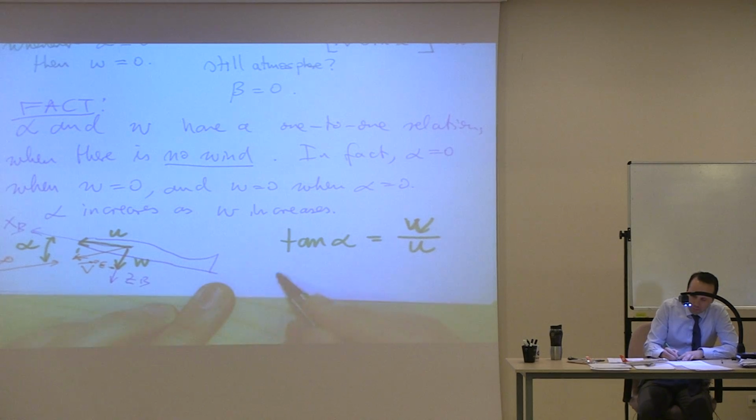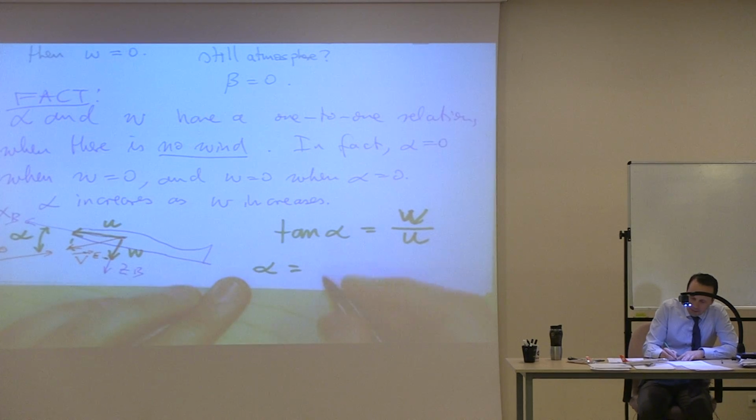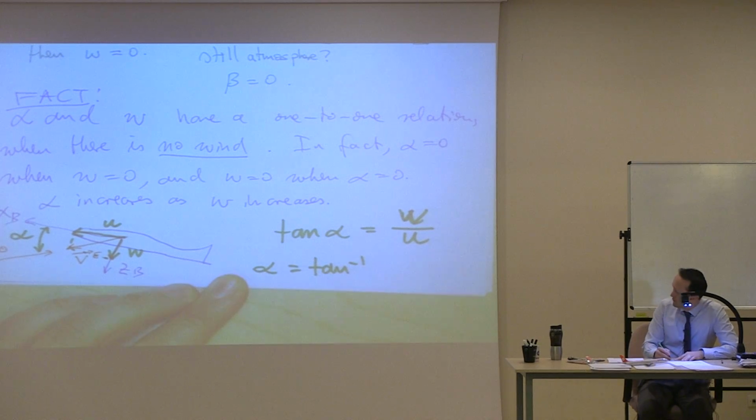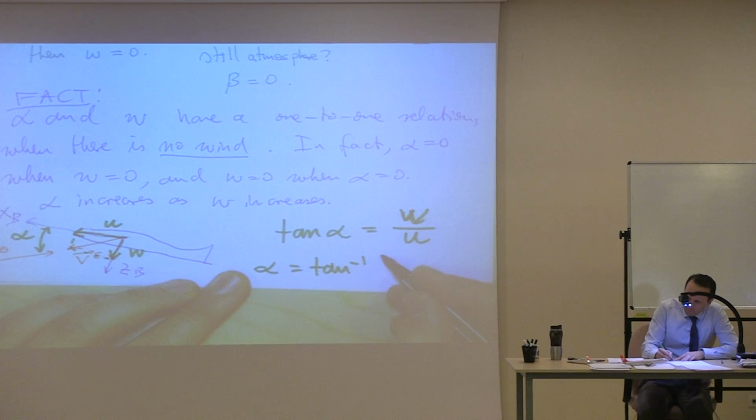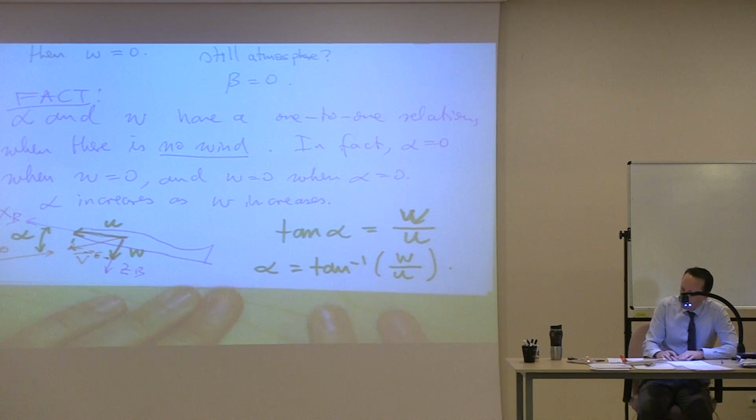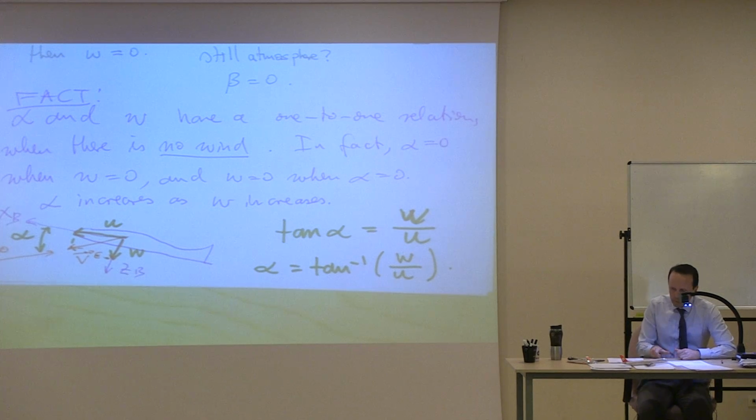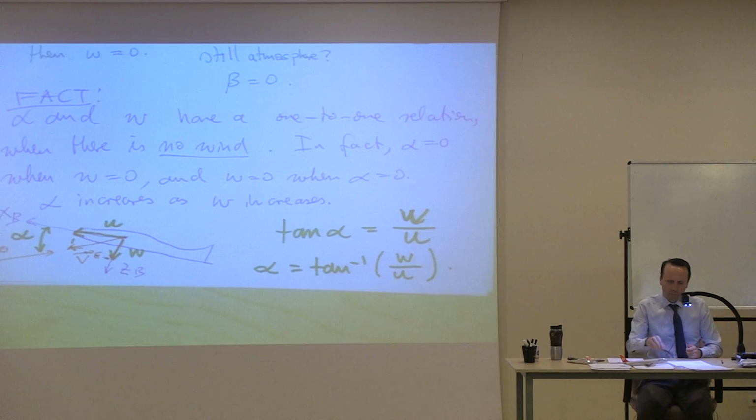So alpha is tangent inverse of W divided by U. Okay? This is one definition that we like to have if you have still atmosphere and U is the velocity vector of the airplane and so on and so forth. And you will see this in many books.